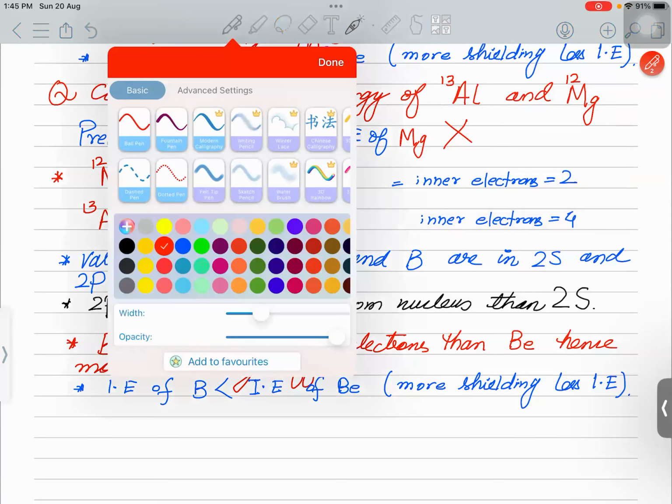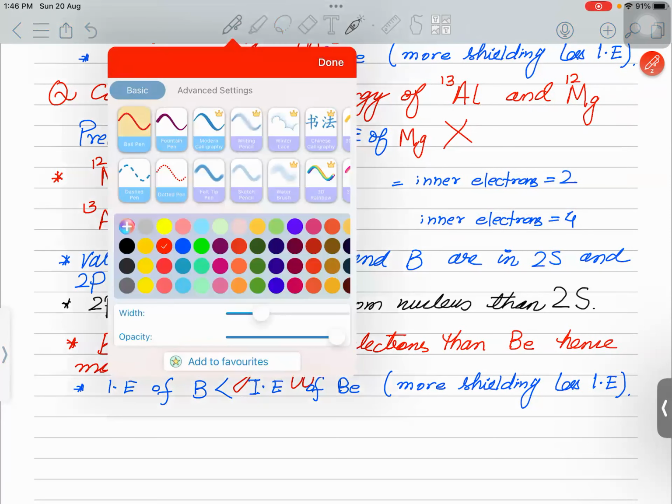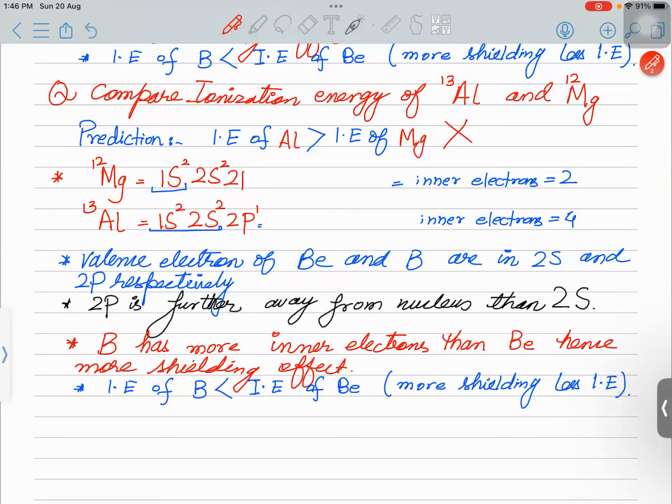Magnesium has 1s2, 2s2, 2p6, 3s2. Similarly, aluminum has 1s2, 2s2, 2p6, 3s2, 3p1.